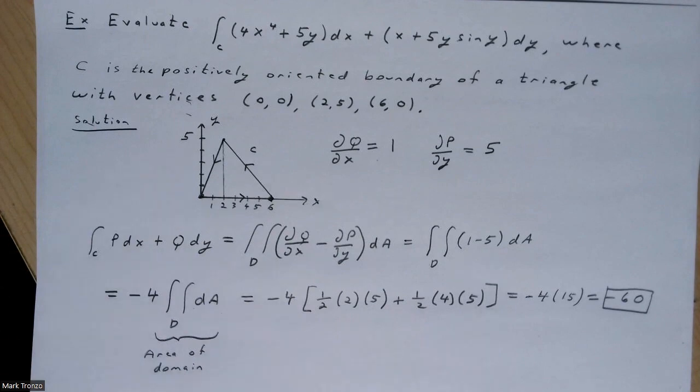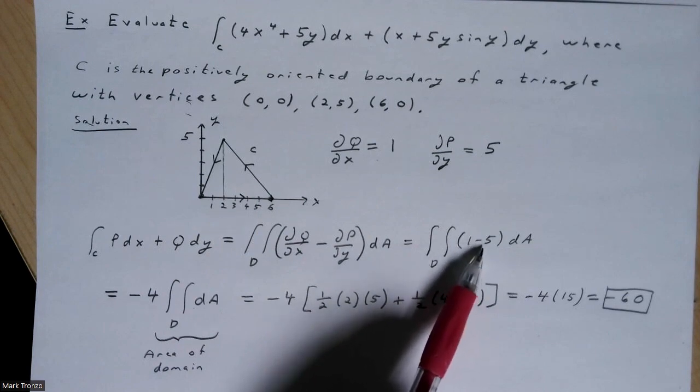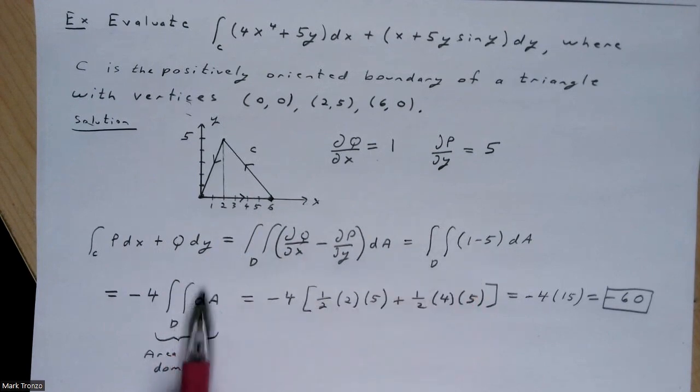But in this case, we didn't have to do that. But remember, you can only do this if there are no variables here at all, and you have factored out all the constants. So factor out all the constants, and then there can be no variables in your integrand. If that's the case, then you can just find the area of the domain.